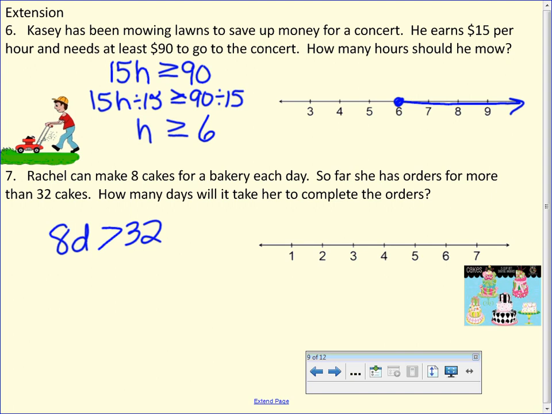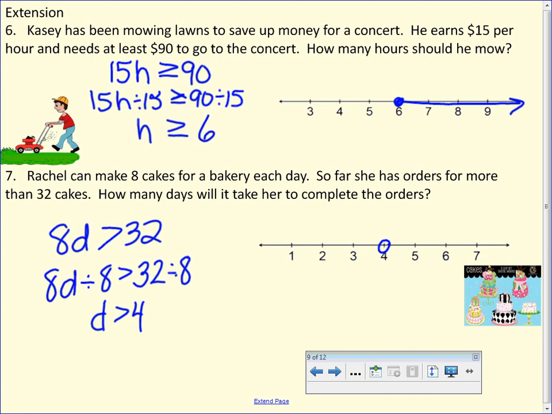We have to do 8 days divided by 8. 32 divided by 8. Perfect. Good job. So d is greater than 4.